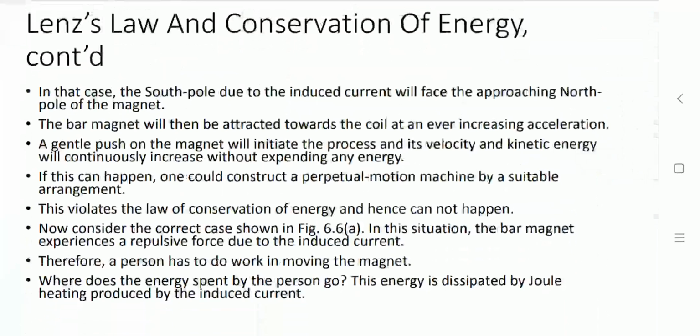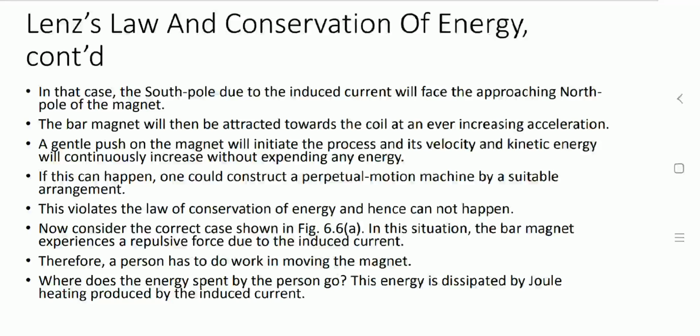If the south pole, due to the induced current, faced the approaching north pole magnet, then the opposite current would be generated. If an attraction force is available, then what will happen? No need to give a mechanical force to push the magnet towards the coil.